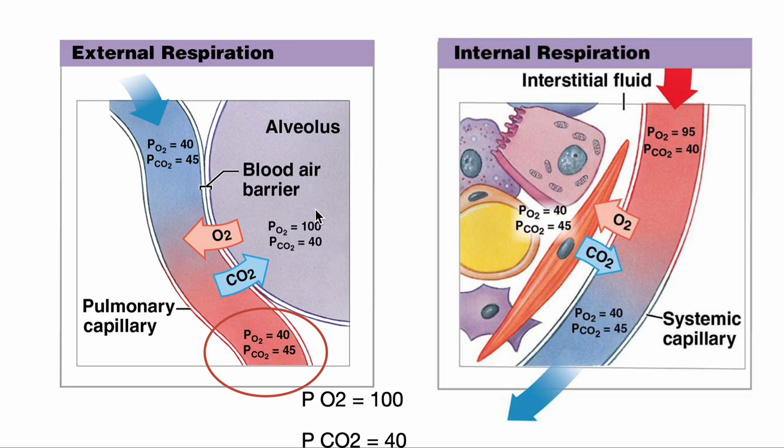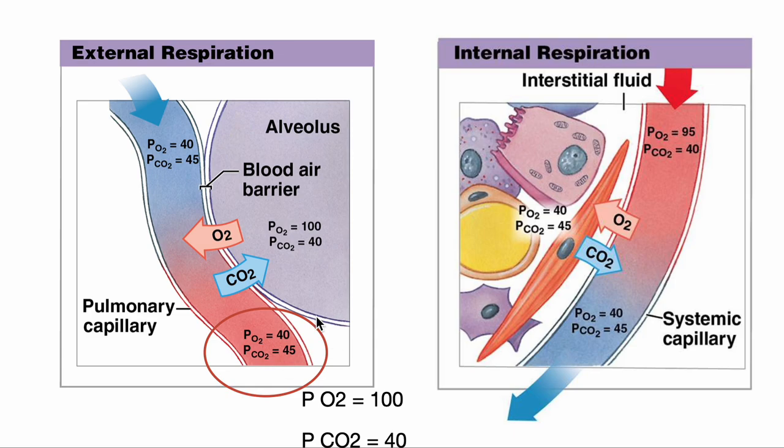Meanwhile, inside the alveolus, the partial pressure of carbon dioxide is 40, which you might be thinking, well, that's not a whole lot lower. It's not a whole lot lower, but it's low enough, and that allows for carbon dioxide to diffuse out of the blood and into the alveolus. So we get that gas exchange due to the differences in partial pressures.